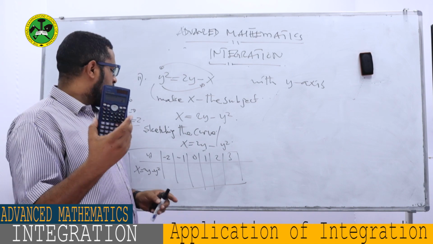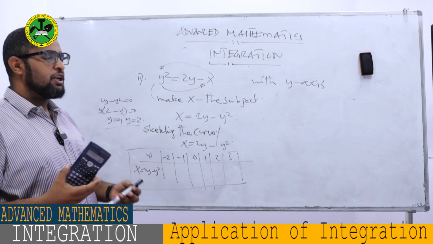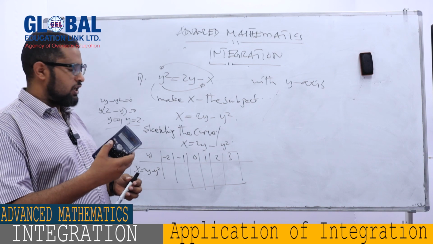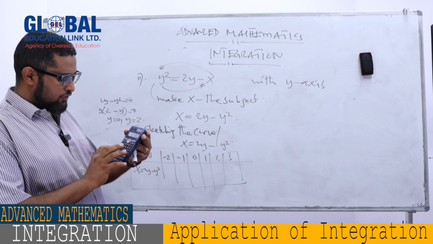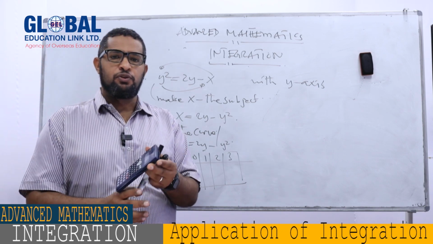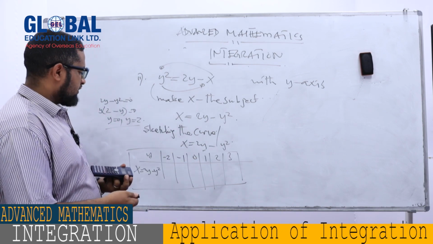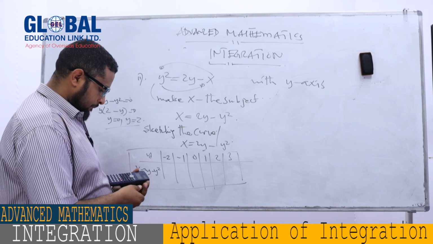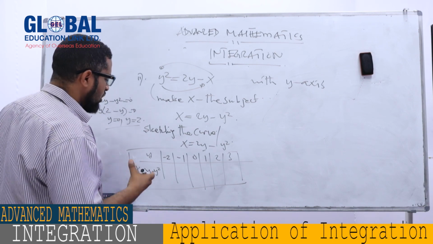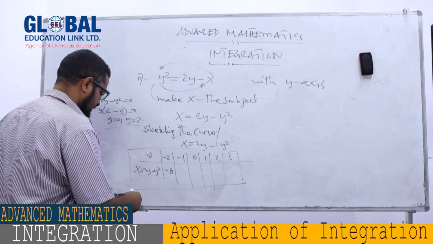Let's see, when the value of y is equal to negative 2, what is the value of x? So we calculate. When y is equal to negative 2, we obtain negative 8.